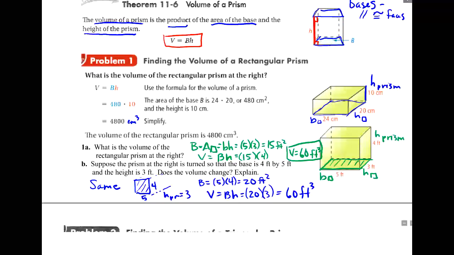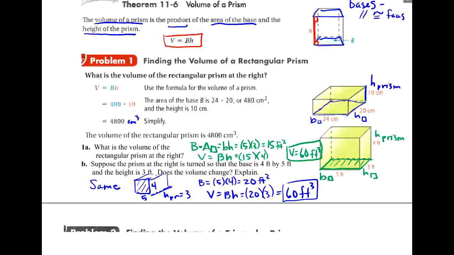If we work it out, now our front side here is the base, and that makes the height of our prism the 3 foot side. 5 times 4 is 20, that's the area of the base. We multiply that by the height of the prism, which is 3, and of course we are going to get the same answer, 60 feet cubed.